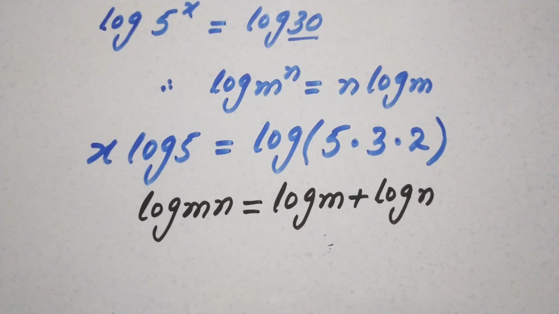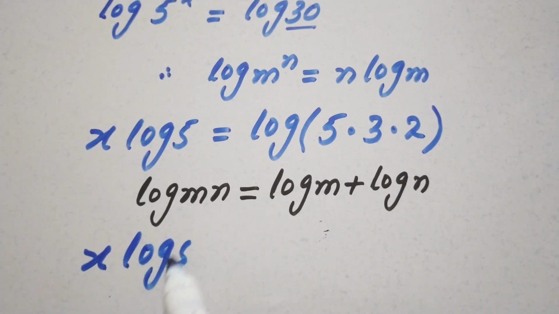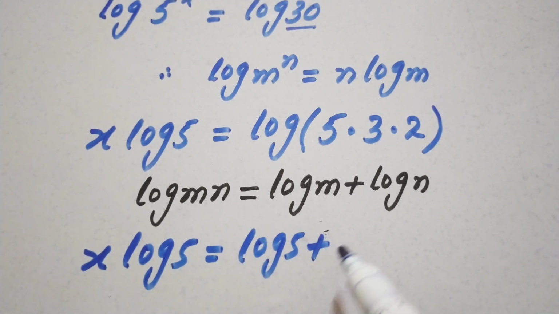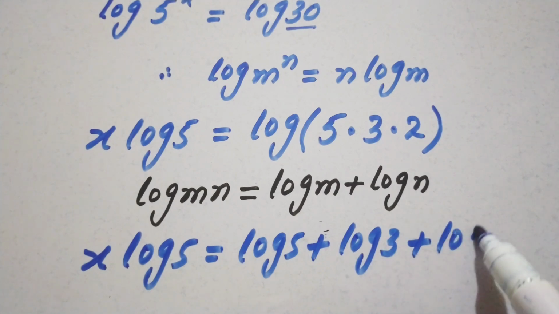So the right hand side of the above equation, after using this identity, will become x log of 5 is equal to log of 5 plus log of 3 plus log of 2.